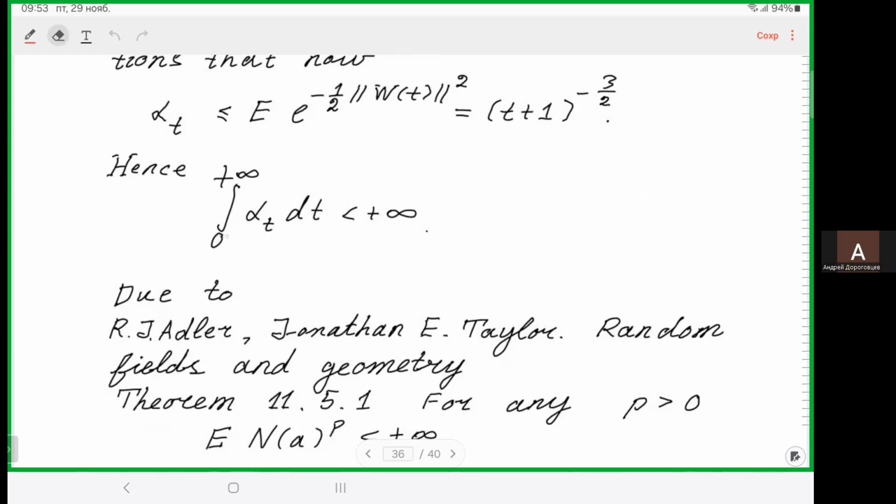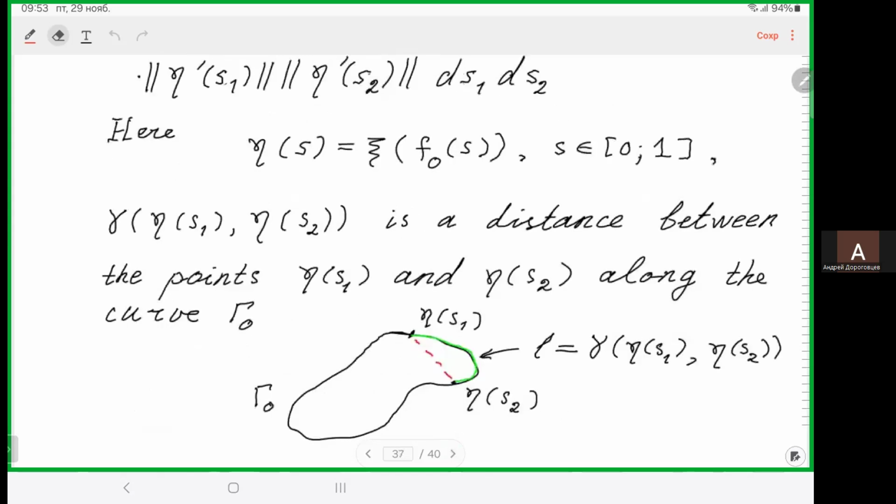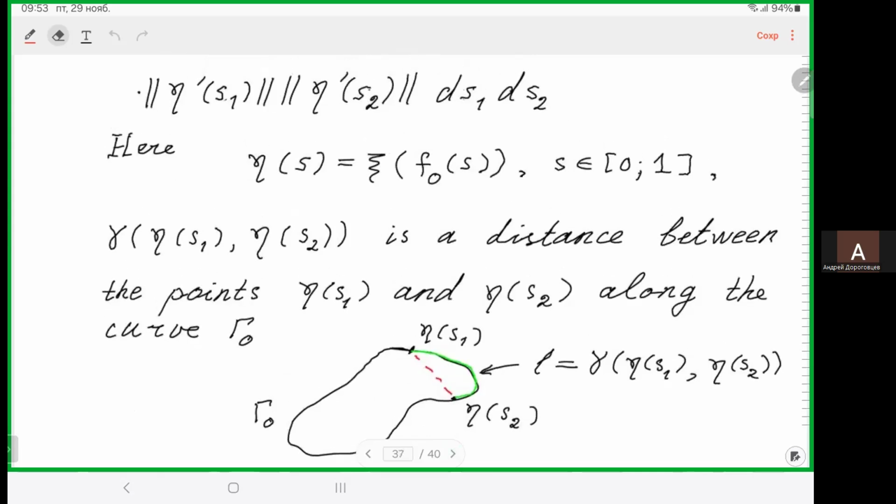And together with the statement that the mixing coefficient integral is less than infinity, one can conclude that one can apply the central limit theorem.